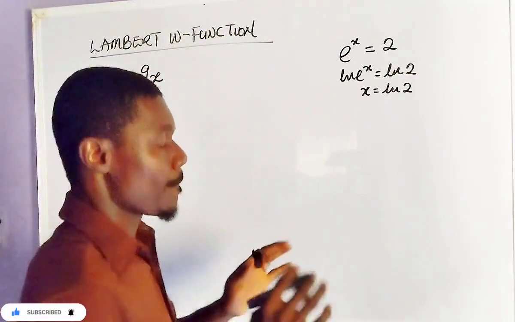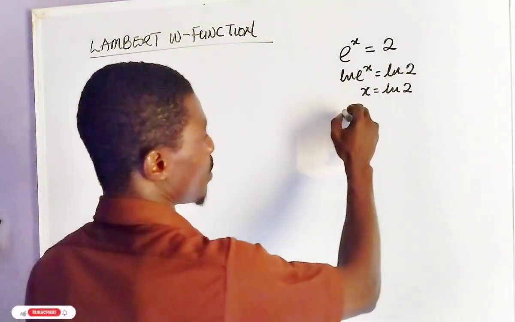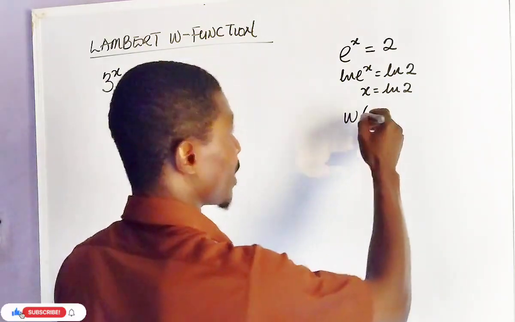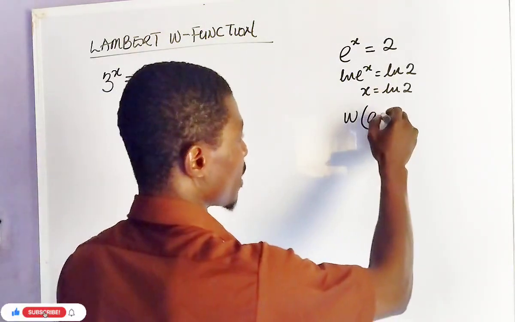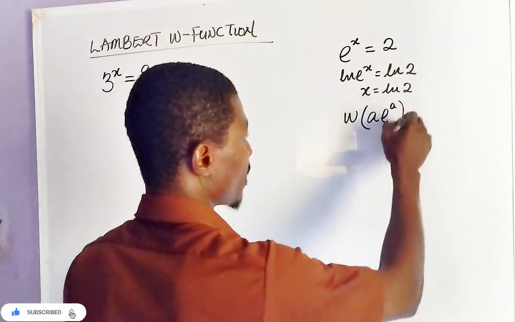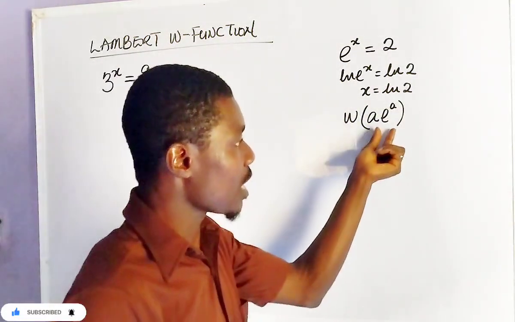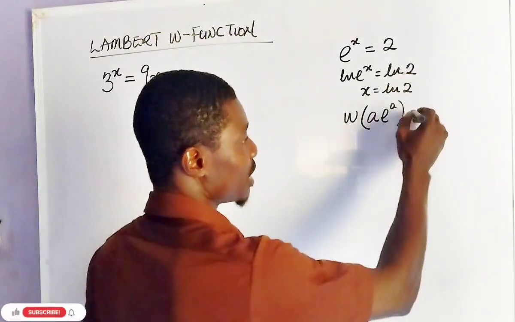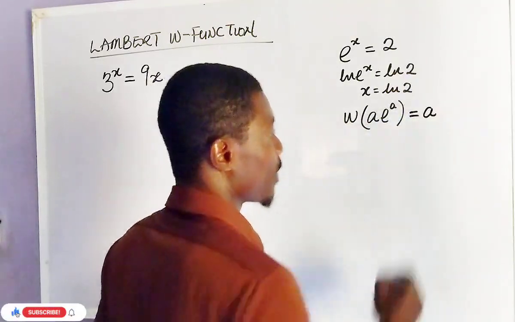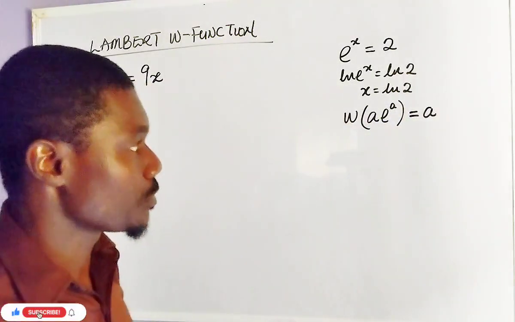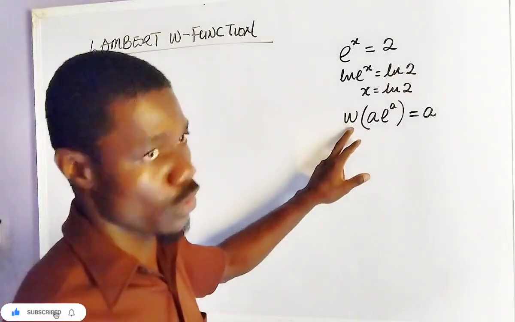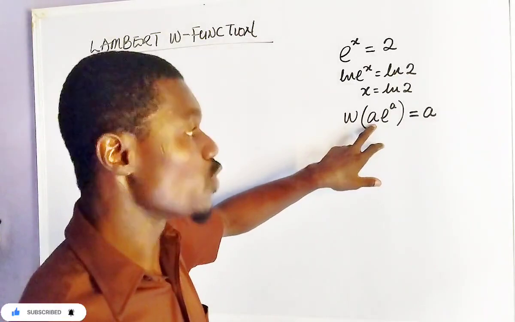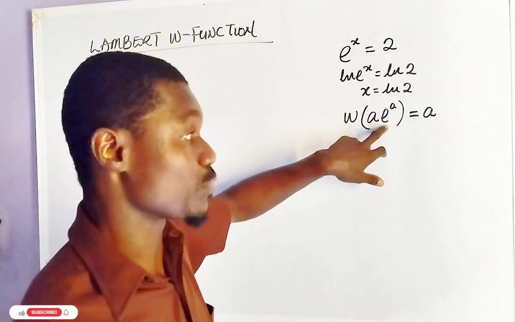By the formula, when the W function is applied to an argument like a times e to the power of a, it gives us a. So what the W function does is undo the product of a with its exponential expression.